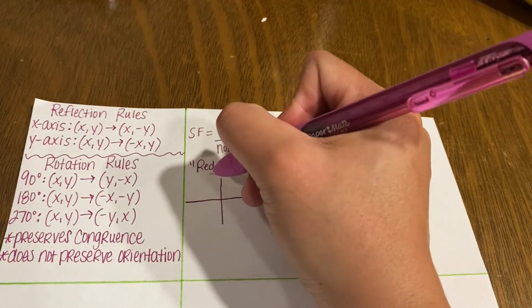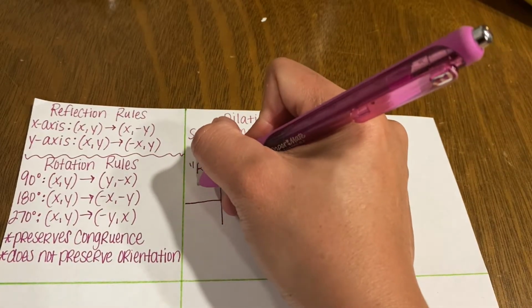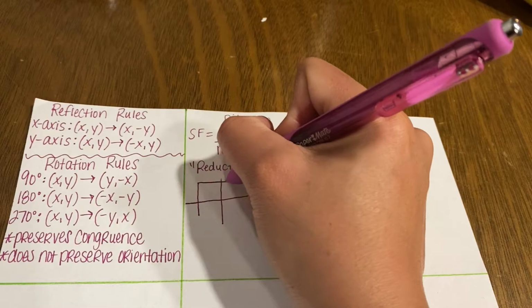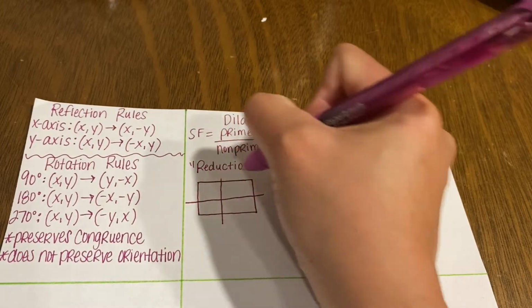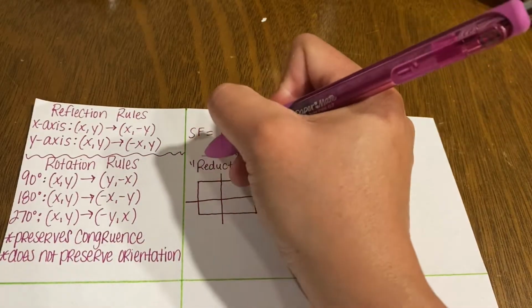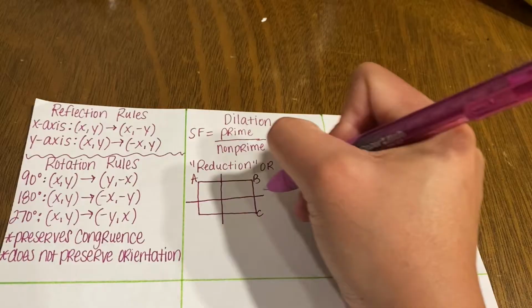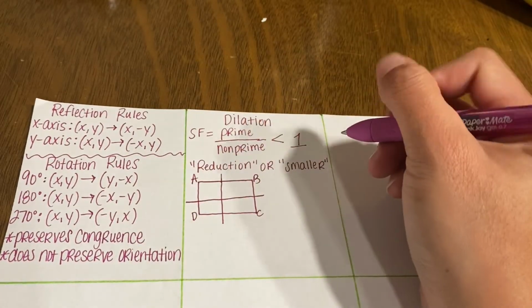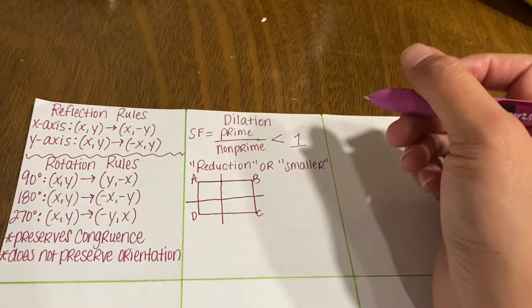Okay, and I'm going to draw a rectangle. My original one is going to be the larger rectangle. And let's go ahead and label it rectangle A, B, C, D. And then I'm gonna apply a reduction, or I'm gonna make it smaller.